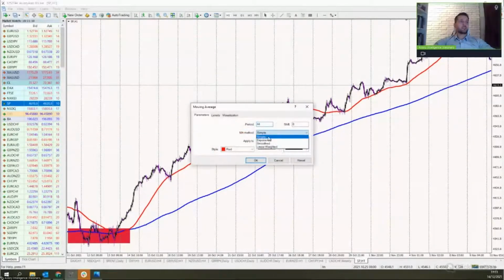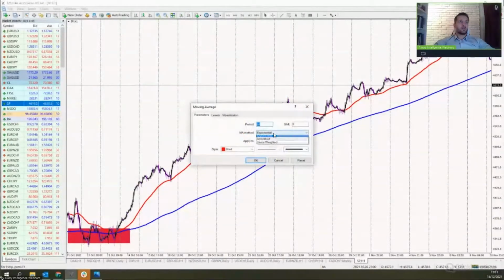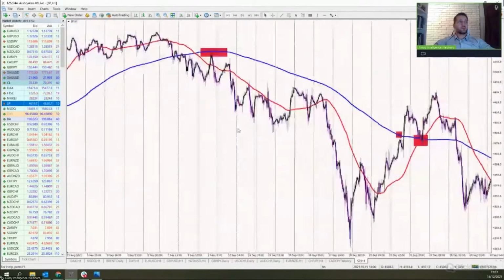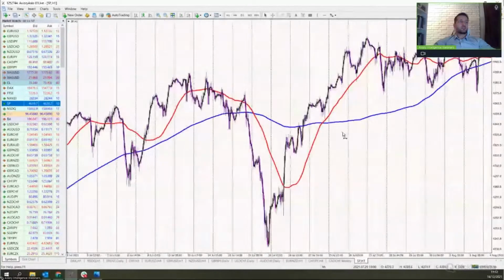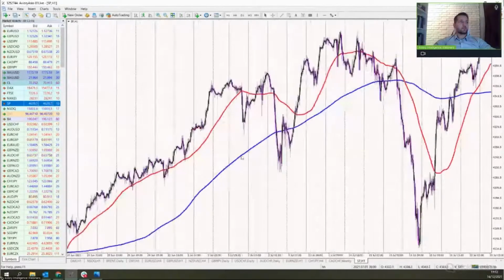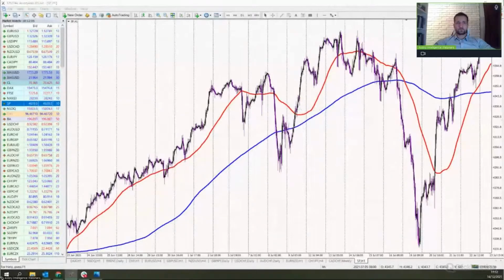Or maybe this will work better with exponential. You can see how it changed. It's also a 44, but exponential. Simple and exponential are different. So it is really a versatile trading instrument, let's say. Okay, let's remove all the objects.